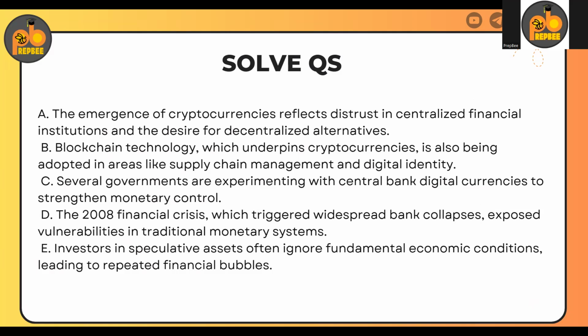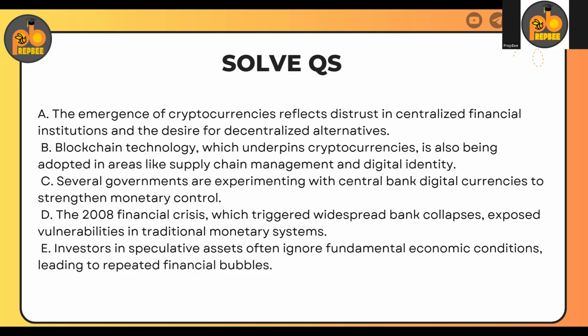Here A is talking about cryptocurrencies, decentralized alternatives. B is again blockchain technology, digital identity. C is again digital currency. D is saying what triggered the widespread bank collapse and exposed the vulnerabilities in traditional monetary systems. E is talking about investors in speculative assets who often ignore fundamental economic conditions, leading to financial bubbles.